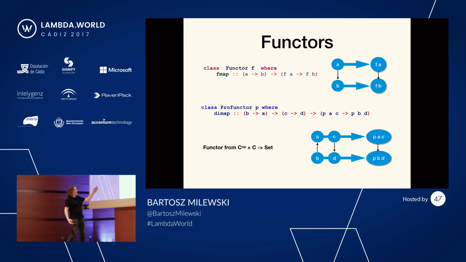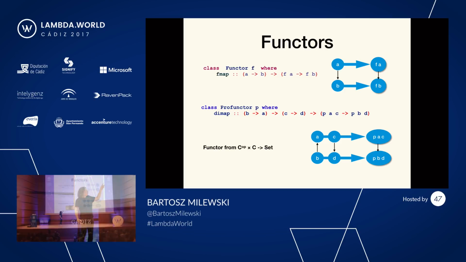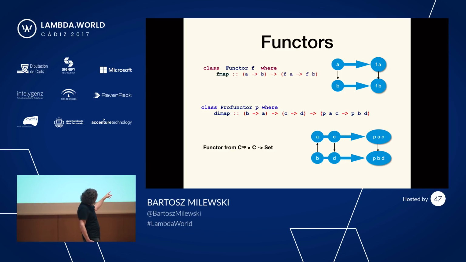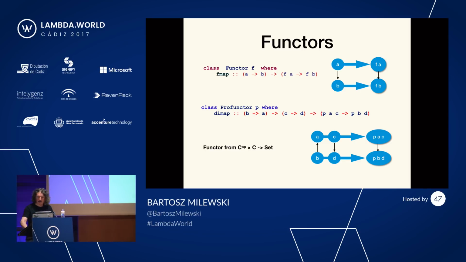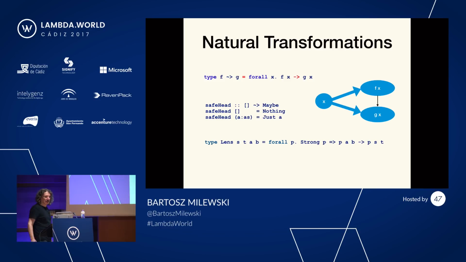And in category theory, this is really still a functor, but it's a functor from a product category. And this little op means that it's an opposite category. An opposite category means that all the arrows are reversed. This is why we have the reversion of where the function goes. Okay? So this is the introduction.